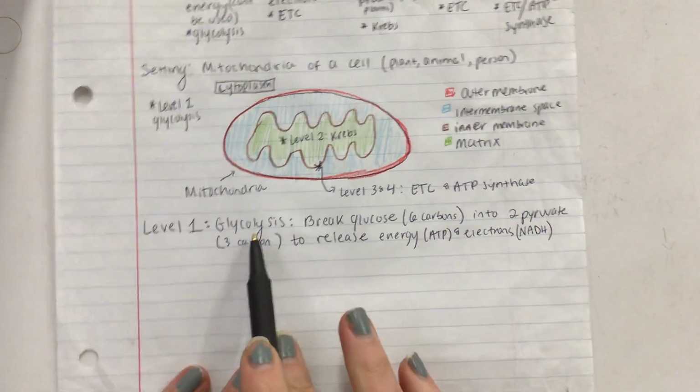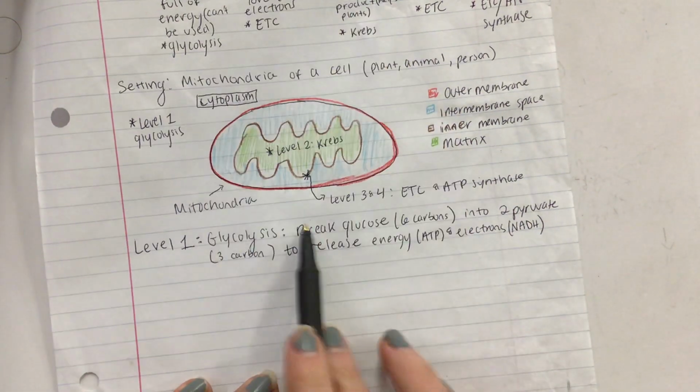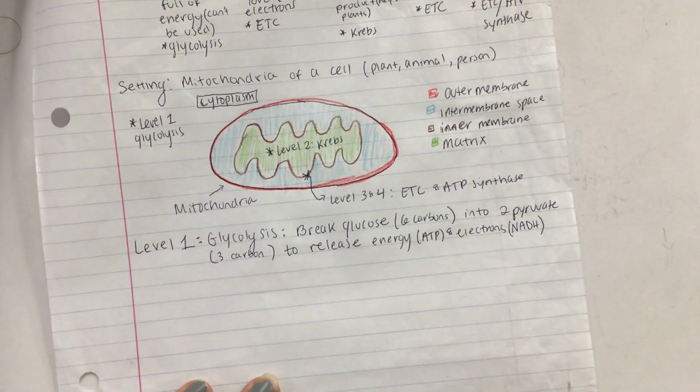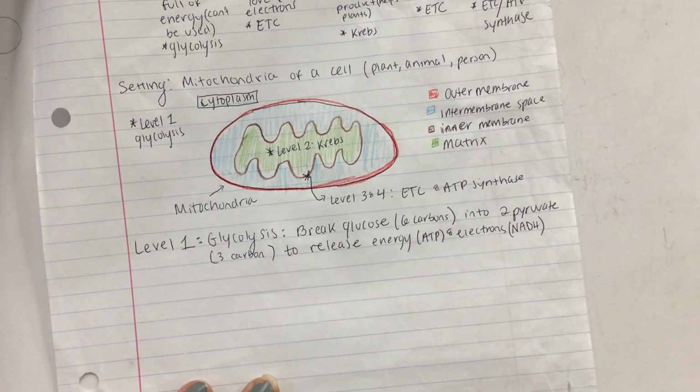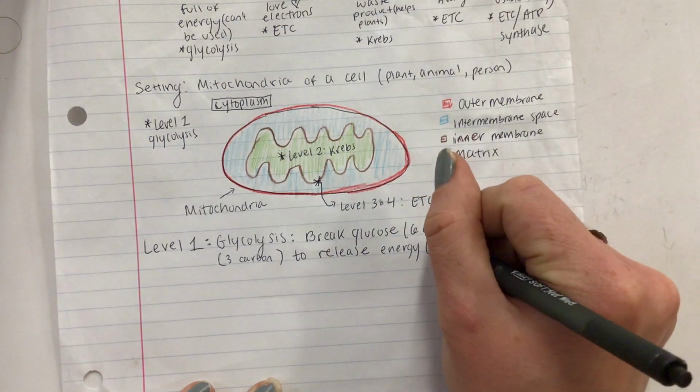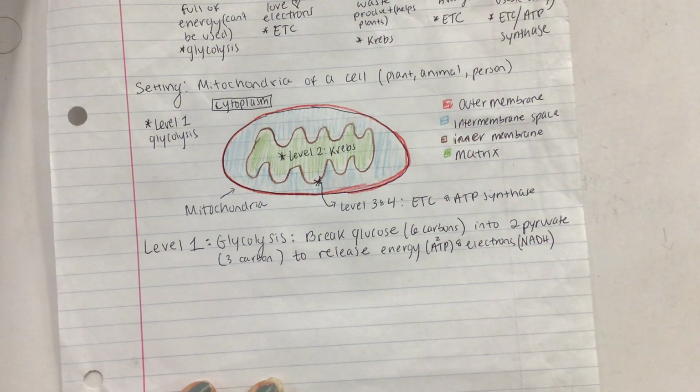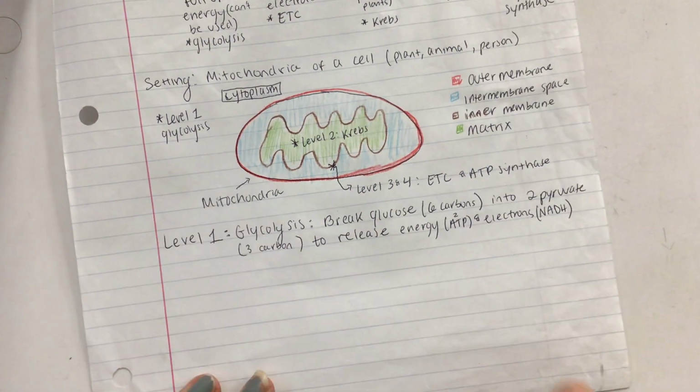Okay, so glycolysis, your first step is to break that glucose into 2 smaller molecules, releasing some energy. Okay, maybe I'll write that there. 2 ATP are released. Next, we go to level 2.